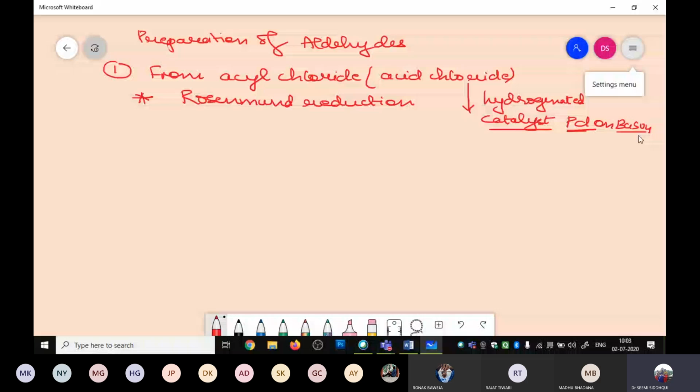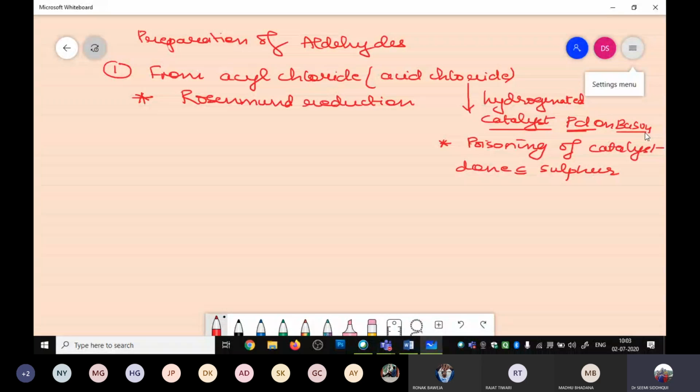We say that we do the poisoning of the catalyst. Always remember that this poisoning of the catalyst is done with the help of sulfur. We need sulfur here, that's why we are using BaSO4.